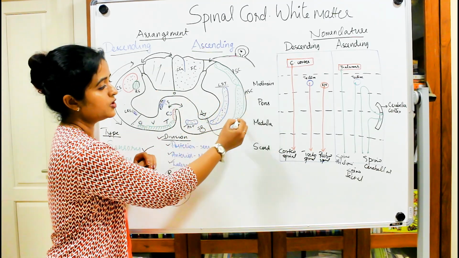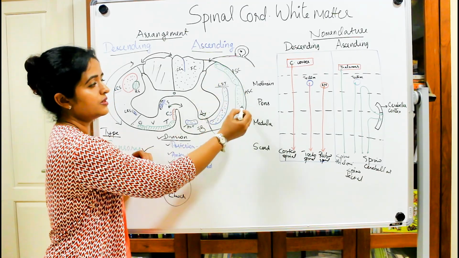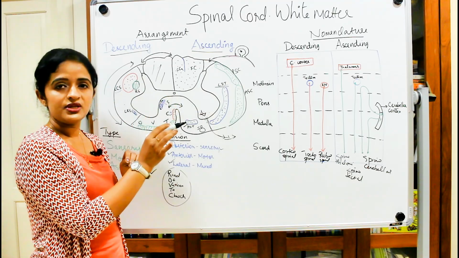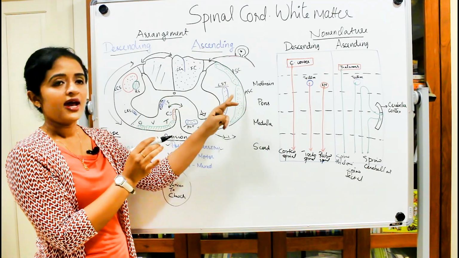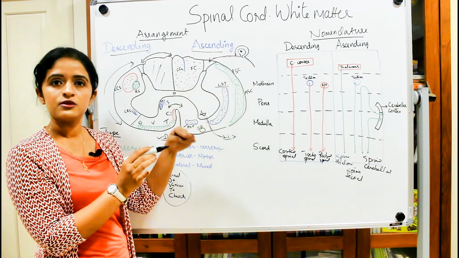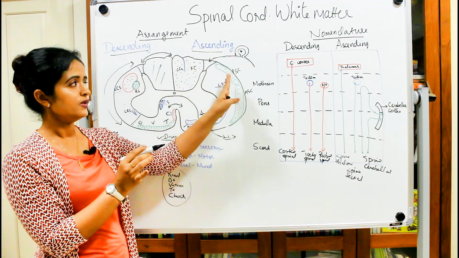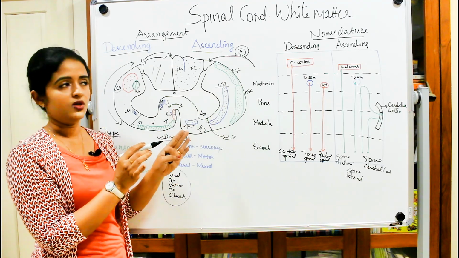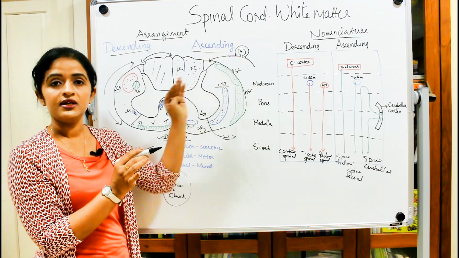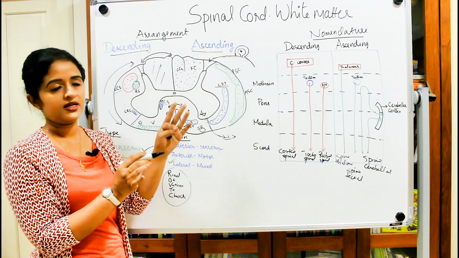Then you have two bundle of fibers. This is anterior and this is posterior. Both are running to the cerebellum. You call it as anterior spinocerebellar and posterior spinocerebellar. So these are the sensory fibers you have. Lateral spinothalamic tract and anterior and posterior spinocerebellar tracts.